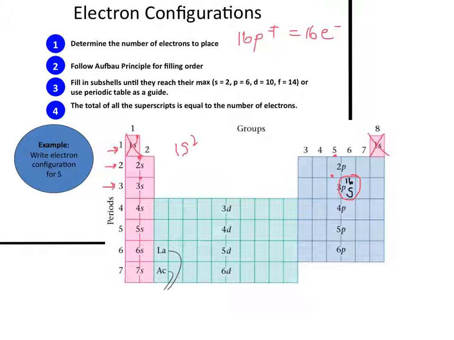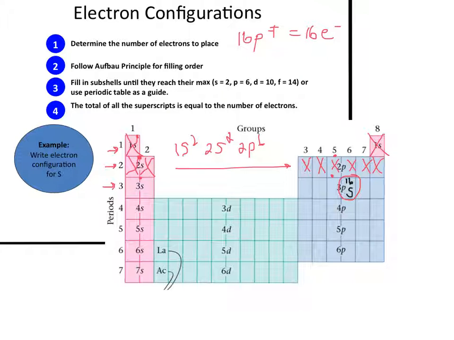I'm completely filled in the first energy level, so I'm going to move to the second energy level of the S block, and I'm going to use the 2 blocks to represent the 2 electrons and put a 2 up at the top. I'm then going to move over to the 2p sublevel, where I see 1, 2, 3, 4, 5, 6 blocks to represent 6 electrons.